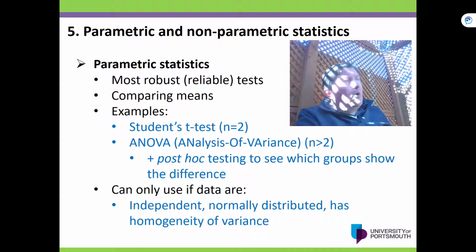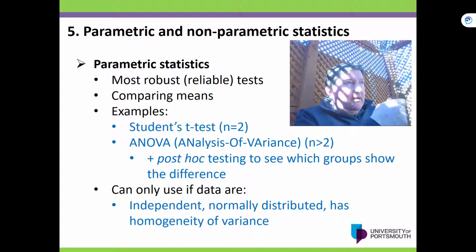So for example, if you're looking at the heights of people in a room, and if you had 2 groups, then you use a t-test. If you had 3 groups, you wanted to see is there a difference between group 1 and group 2, or group 2 and group 3, or group 1 and group 3.